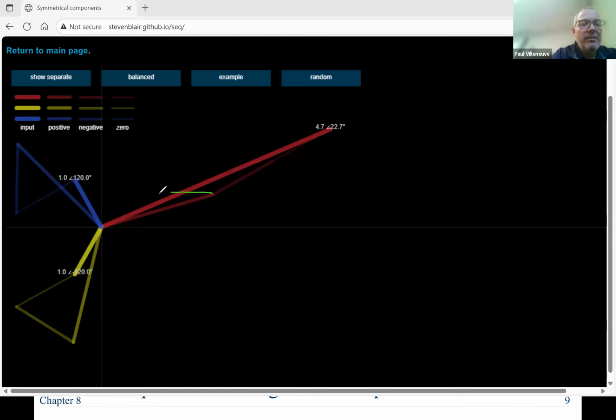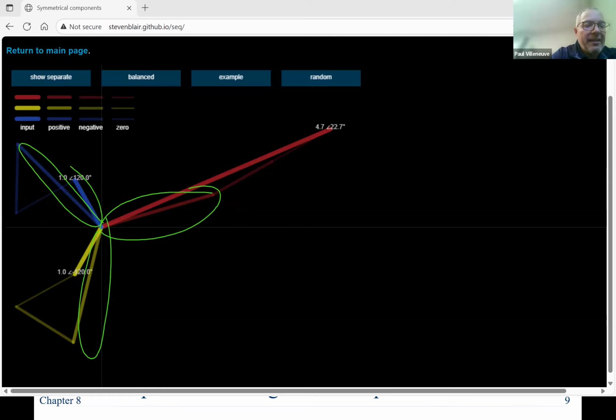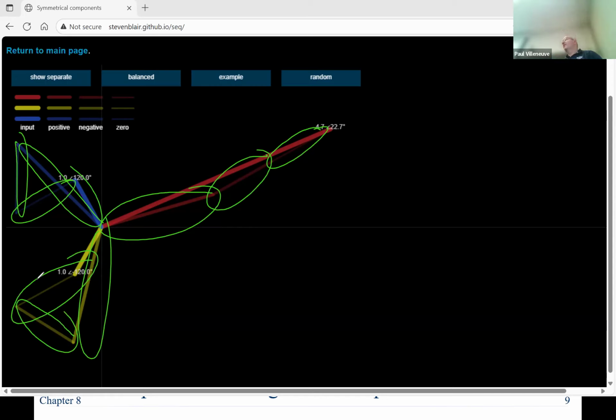So here's the positive. The negative is here, here, and here. And if you put those all emanating from a neutral, you'd have all those values. And then the 0 sequence is this one, and this one. So you can see them all put on top of each other.